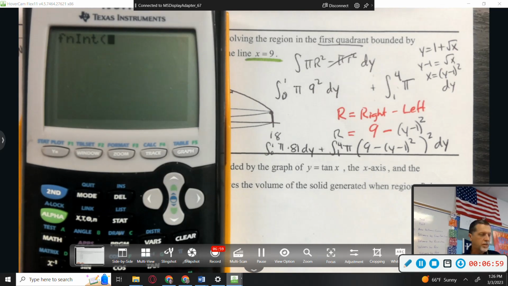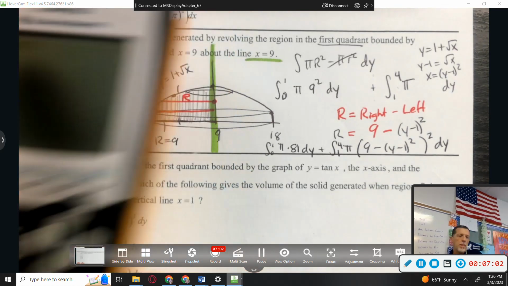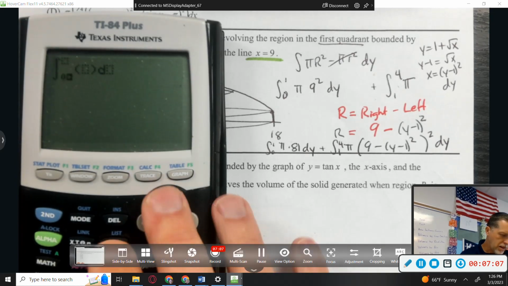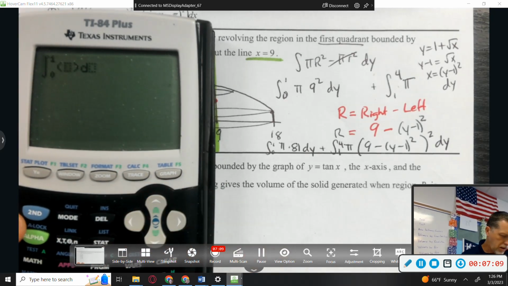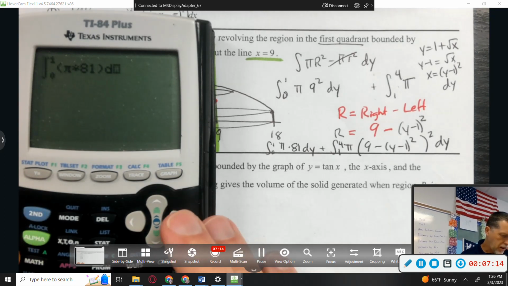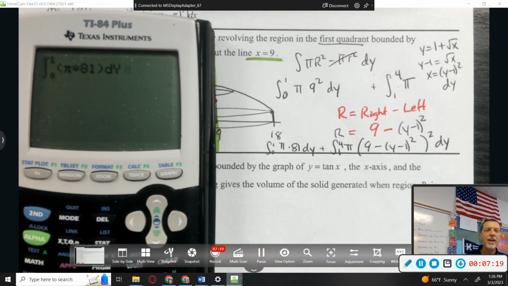Math, 9, 0 to 1, pi times 81. Well, we'll go with y, although we could get by without that. So that's the bottom cylinder. If you wanted to not jam all this together in one, you could store that and then come back to it. That way you're not trying to type in too much at once.